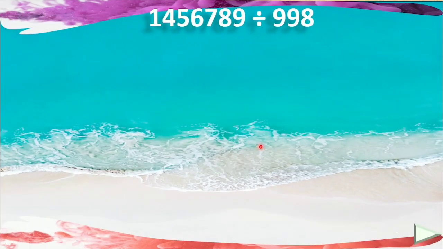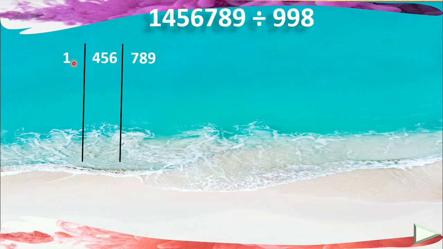Now let's solve another sum. Here the divisor is 998. In 998 there are 3 digits, so go on writing 3 digits and give appropriate gaps, and one left here, and write down 998 as the divisor, as 998 is just 2 less than 1000.